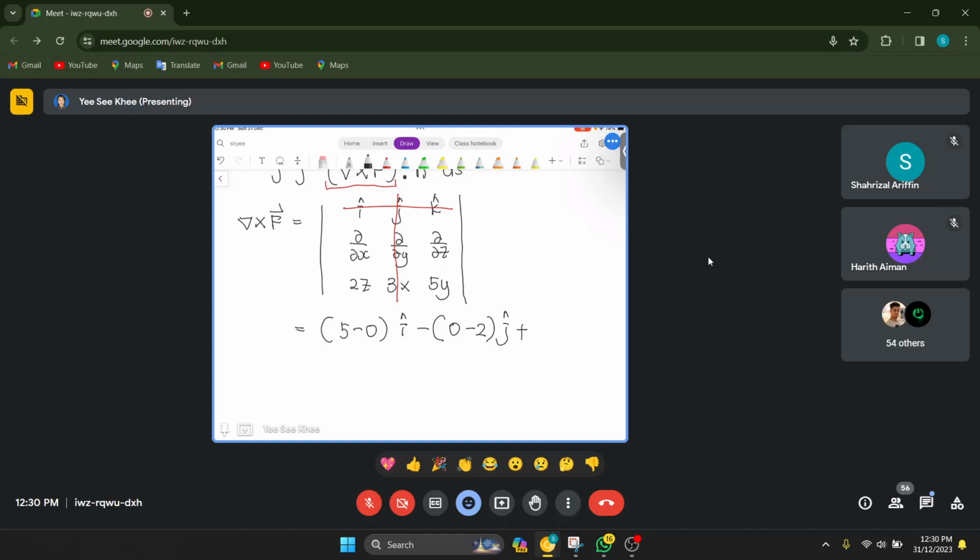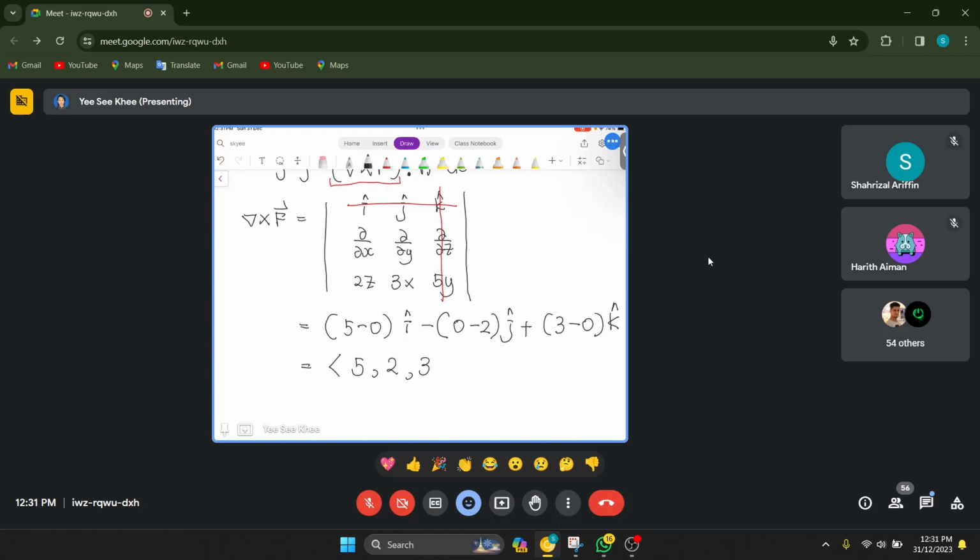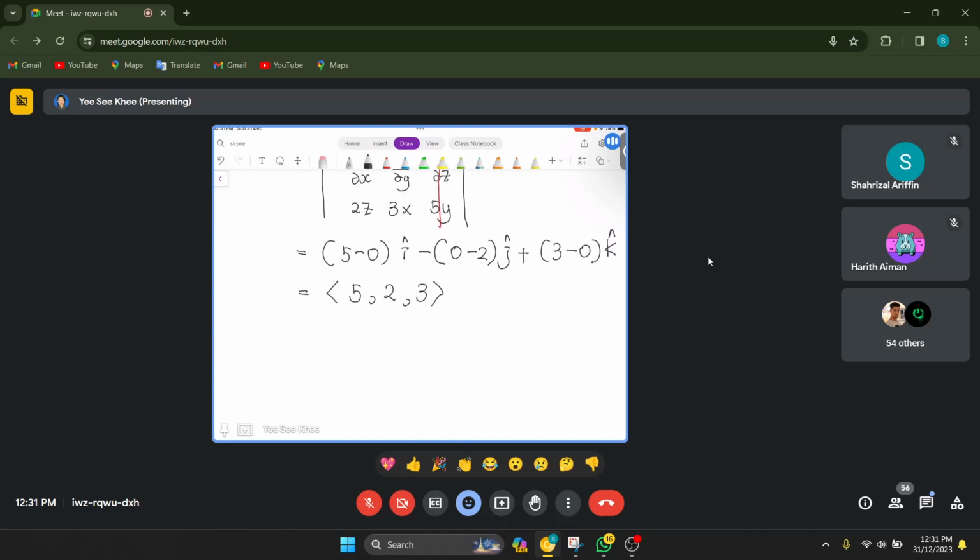And for the last one, you hide the third column. 3 minus 0. So you get 5, 2, and 3. This is a vector. It's not coordinate.